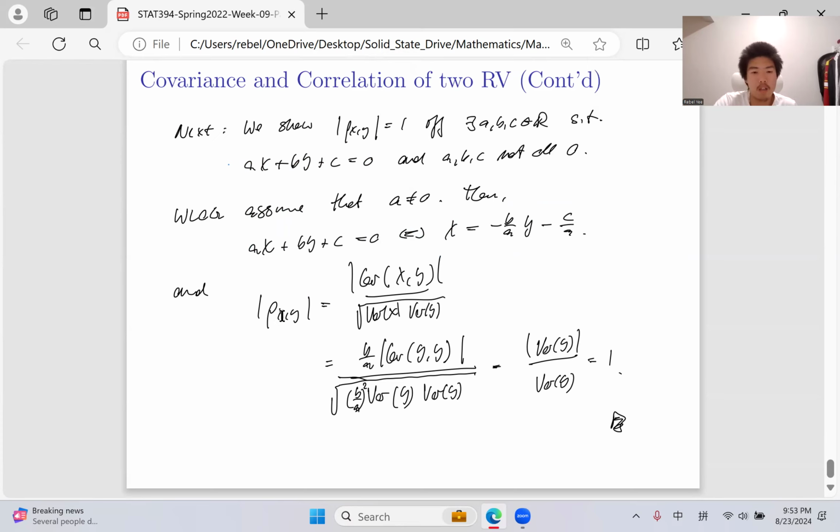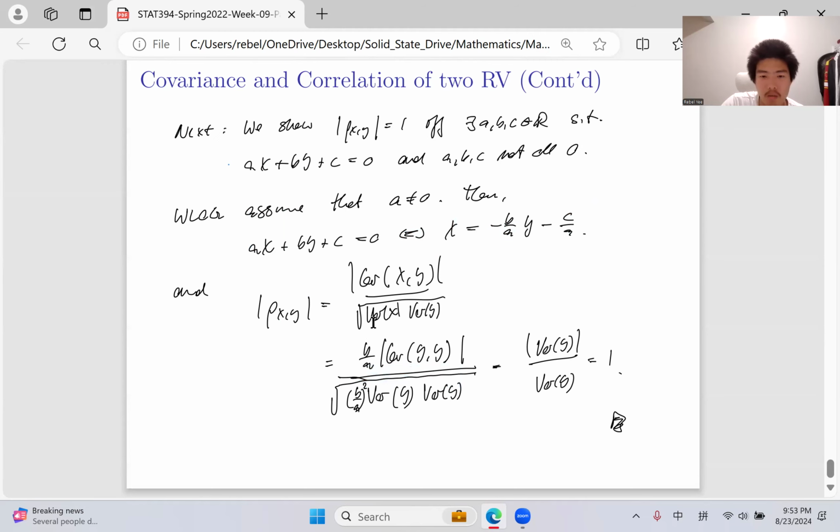So now we can write the correlation coefficient between x and y with only y, or only x, probably. So this is the correlation of x and y. And because we consider covariance for linearity, the constant term can be removed, and we can only consider b over a, and this is b over a times this one.